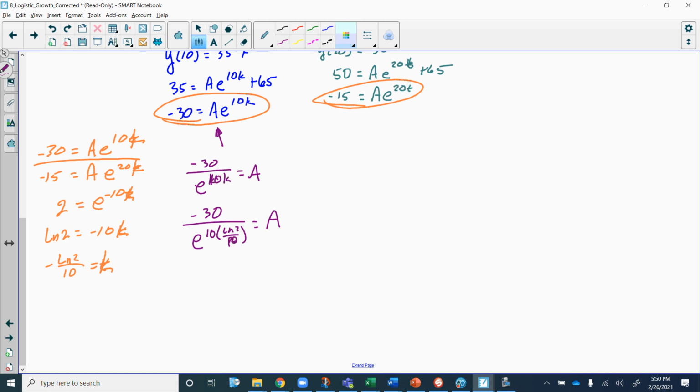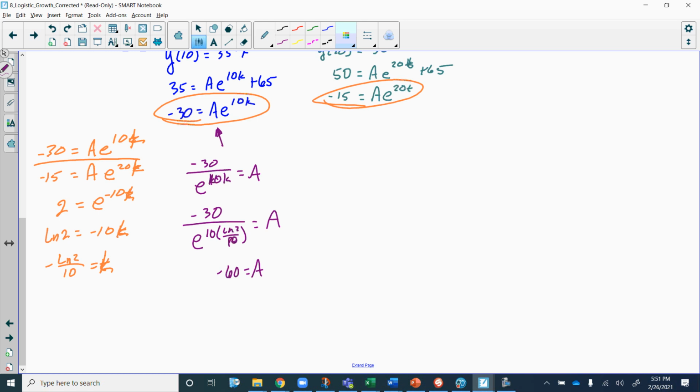The tens are going to wind up simplifying. If you wanted to, you could just type that into your calculator as you see it. You can simplify it using properties of logarithms, but in this case, negative 60 is going to be equal to the A value.